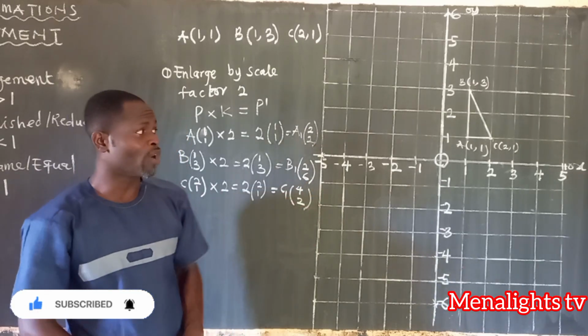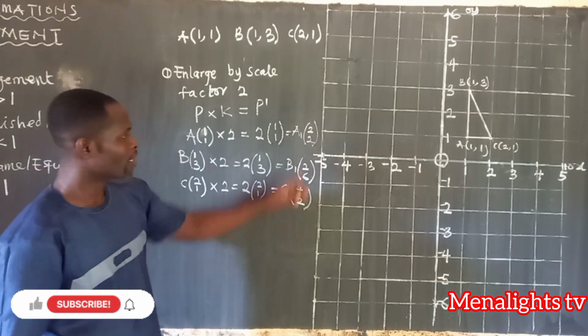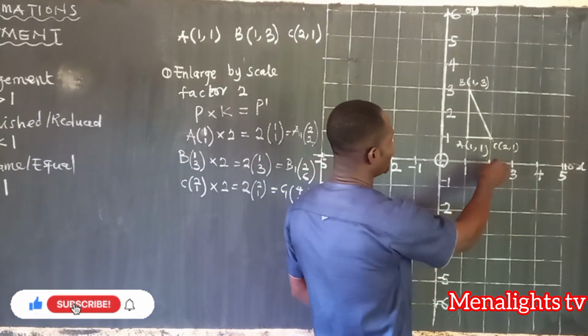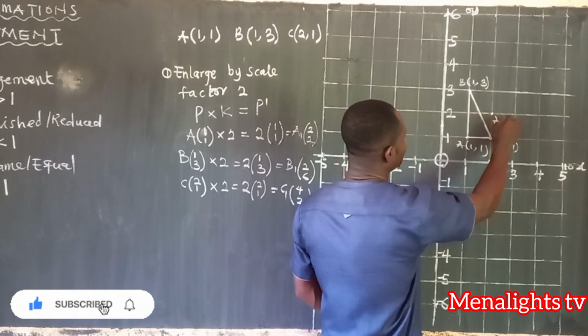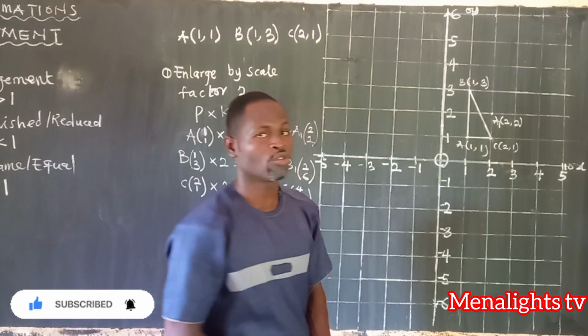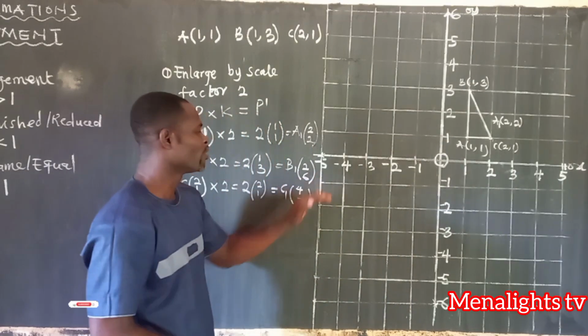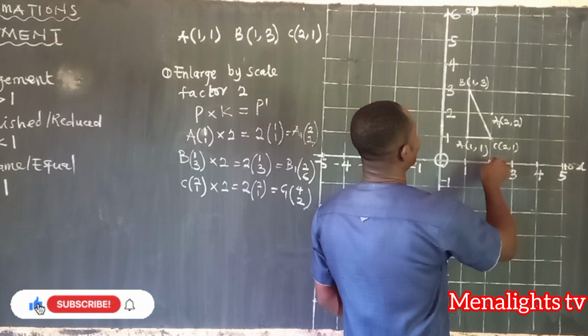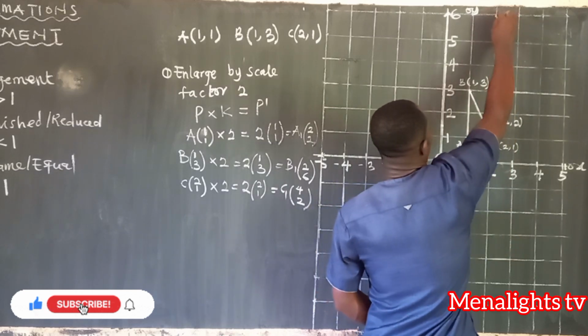So we are going to plot these points to see what we have. The first one, A1 (2, 2), is here. Then we come to our B1, which is (2, 6).